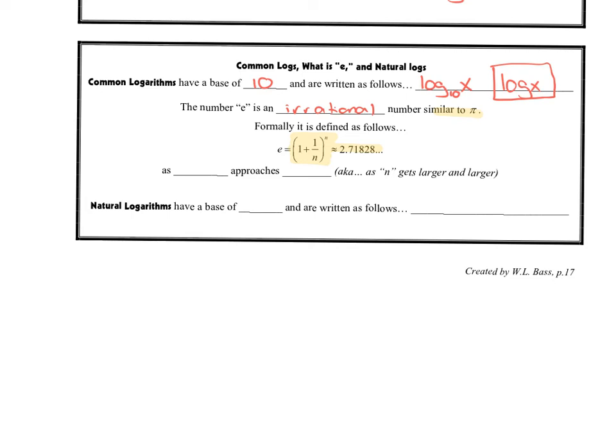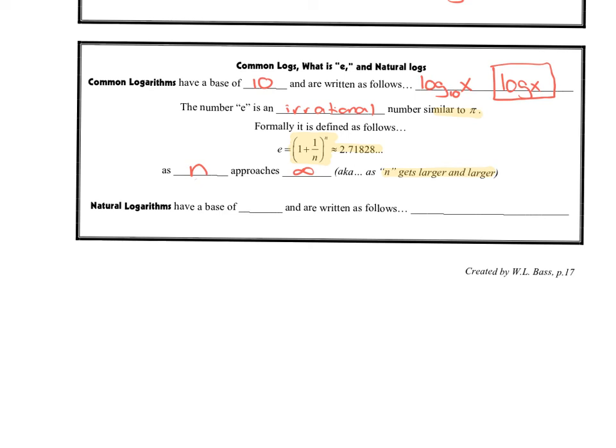But the idea is this: as the value of n approaches infinity, so as our n value gets larger and larger, this entire expression is going to get closer and closer to 2.71828.